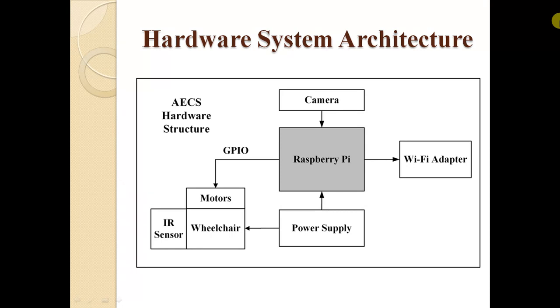If we want to design a full adder, then that full adder requires two half adders, or we can say two XOR gates, two AND gates and one OR gate. So this is how hardware system architecture works.